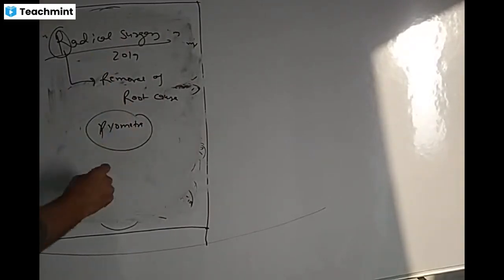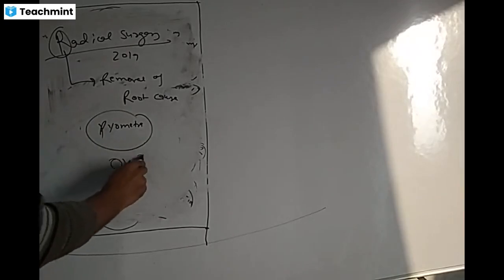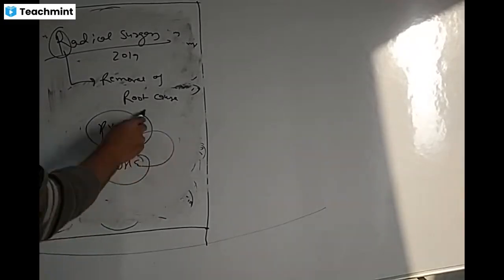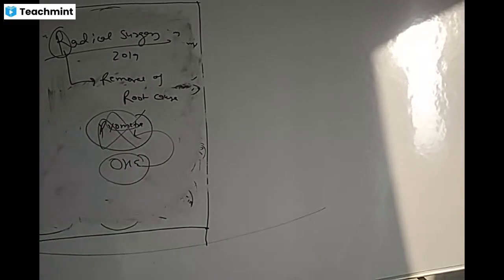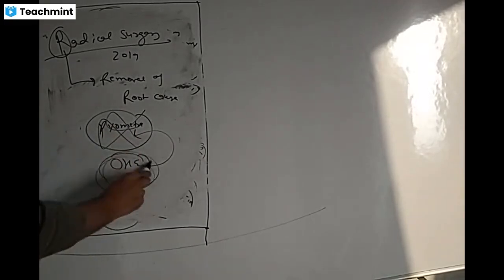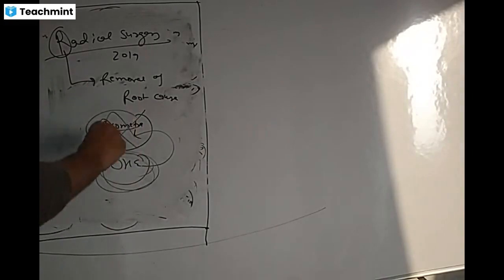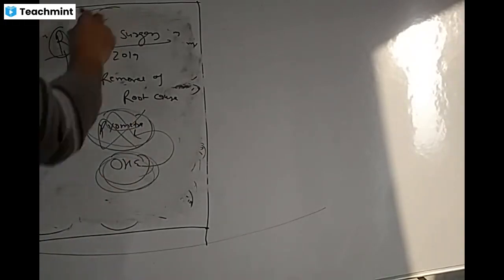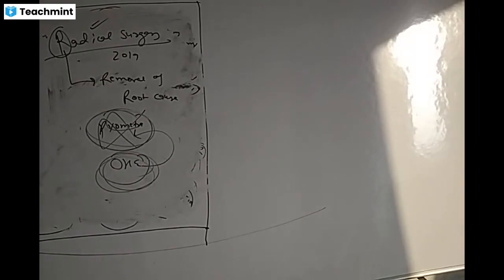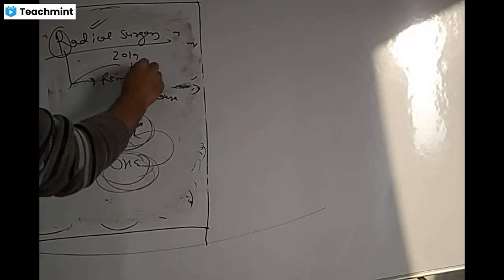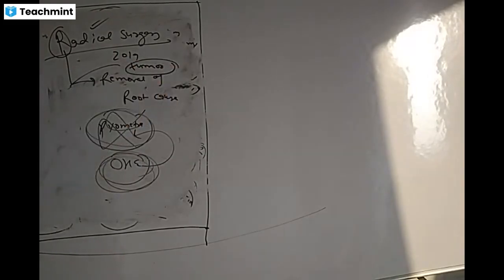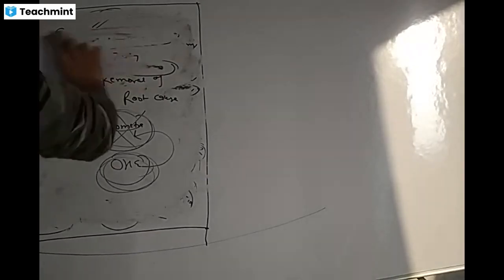If we do the OHE, then there will not be any pyometra. So OHE is the radical surgery for pyometra. Another example is removal of tumor. We remove the tumor. This is also a kind of radical surgery.